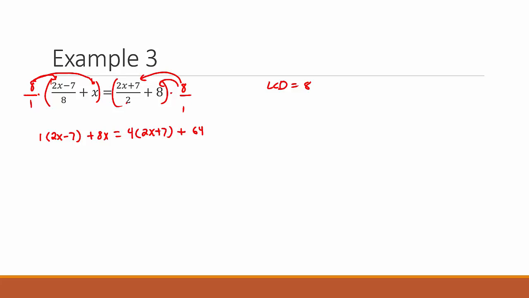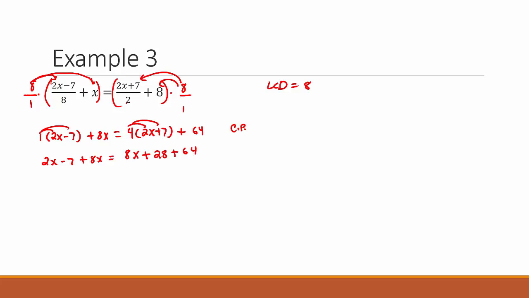Again, from here, we go through our equation solving procedure. Clear the parentheses first. So 2x minus 7 plus 8x. Distribute the 4: 8x plus 28 plus 64.